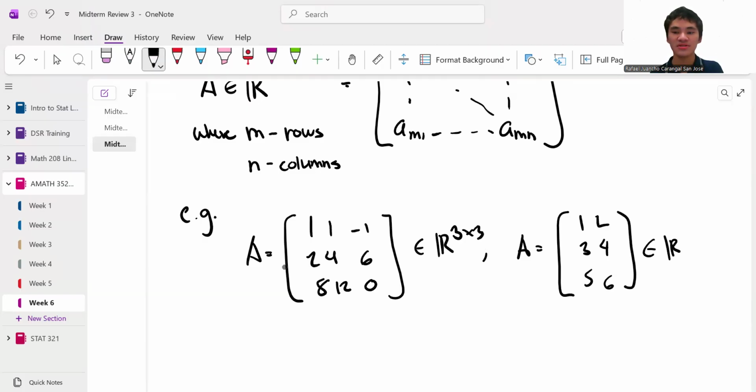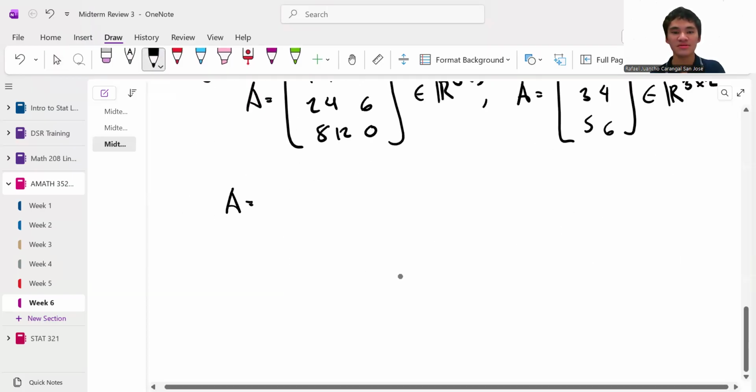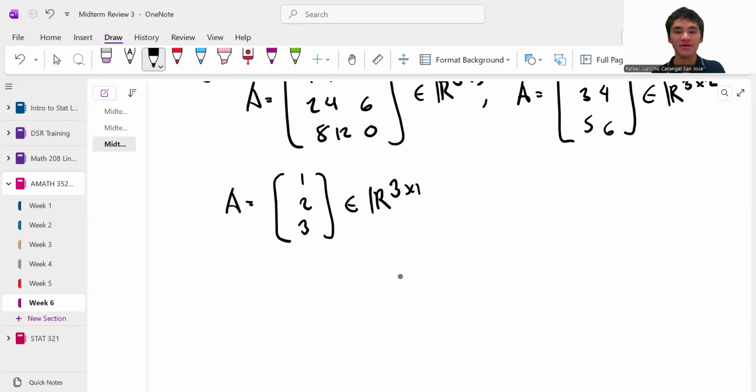This here is a matrix 3 by 2, because there are 3 rows and 2 columns. Now how about this one? This one is 3 by 1, but you could also just say 3, right? And this is actually a vector in 3D. So it has 3 components. Okay?